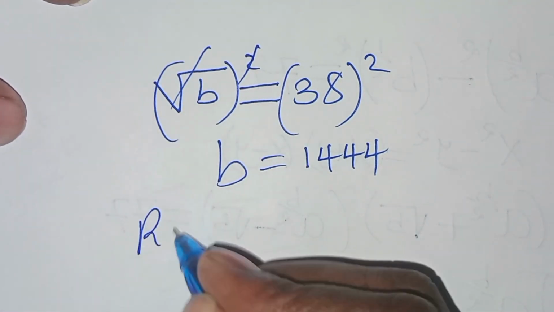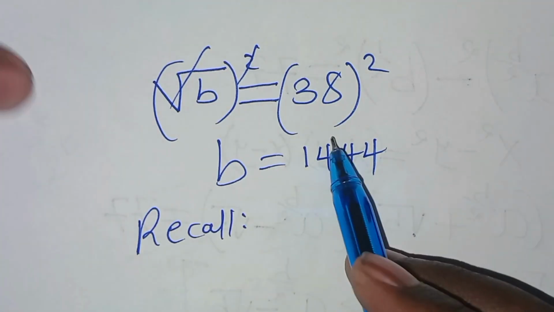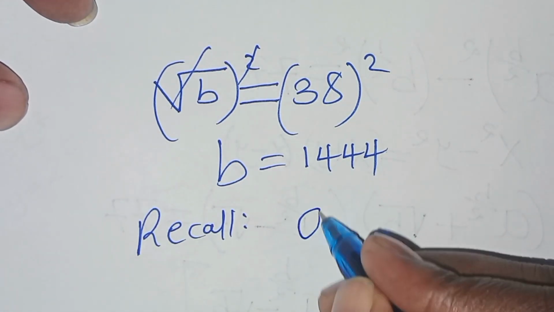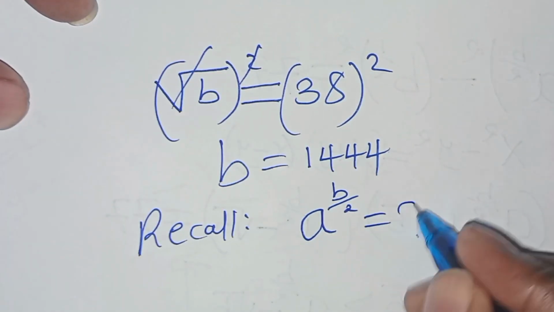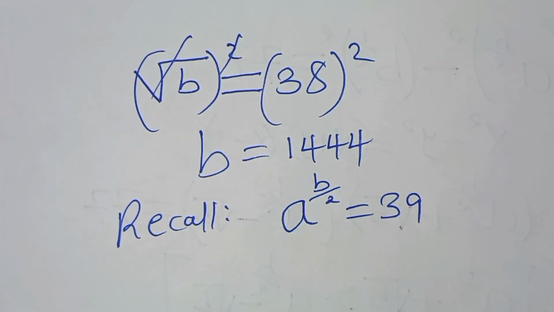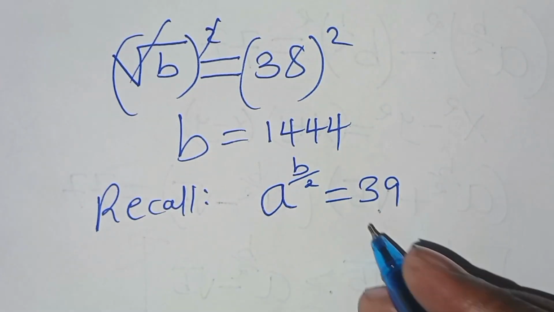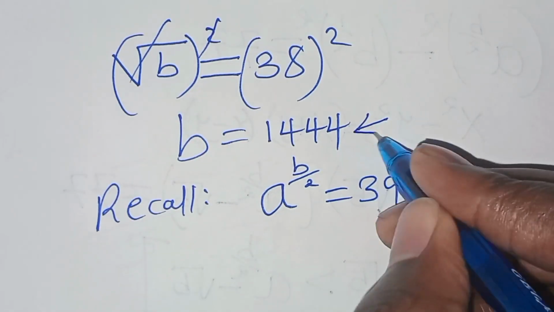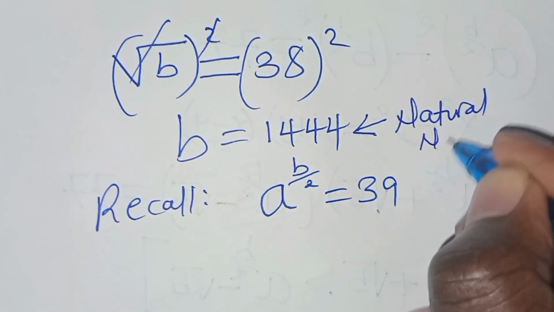Now, if you recall, we had that a to power b over 2 is equal to 39. So let's substitute the value of b here. This is a natural number.